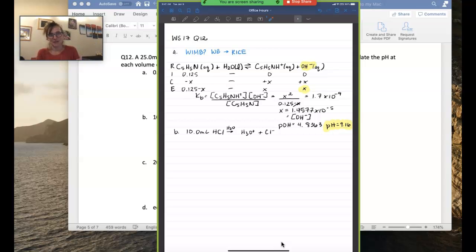I leave out the spectator ions and give you more of the net ionic equation in a sense. So the reaction that takes place, we have C5H5N, pyridine, plus the hydronium ion. Like I said, if you want to write HCl there, that's fine. In my years of teaching, if the chloride's present, it tends to confuse students. So that's why I go straight to the net ionic equation.